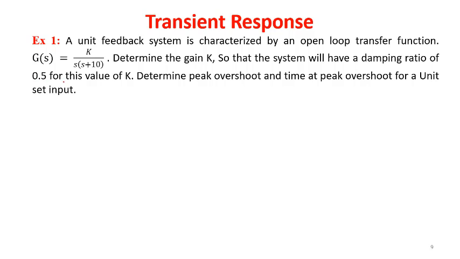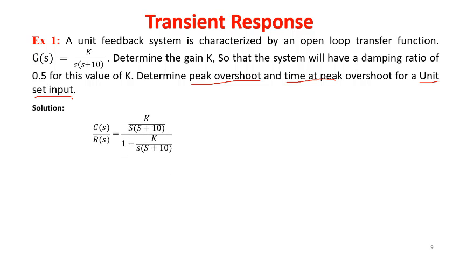For this value of K, determine the peak overshoot and time at peak overshoot. You have to determine both. Here it is stated that the input is a unit step input for the given open loop transfer function. Let's begin.